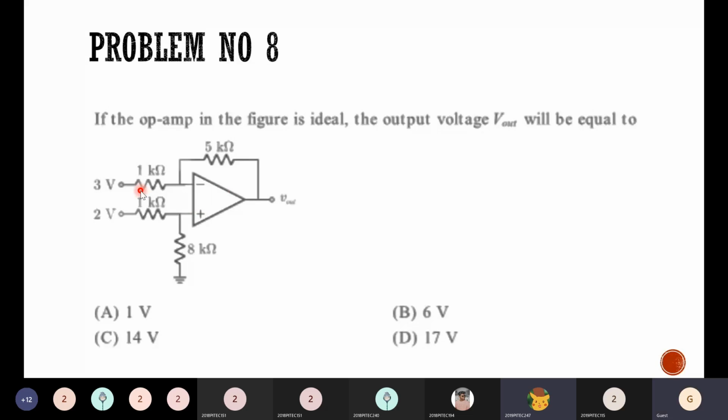You have four options here: 1, 6, 14, and 17. So work out, check which answer you're getting. Once you have finished, you can give the answer for this. Yes, hope you people are doing it.